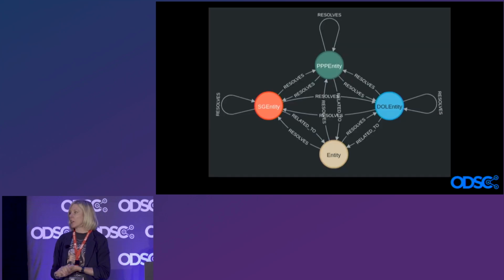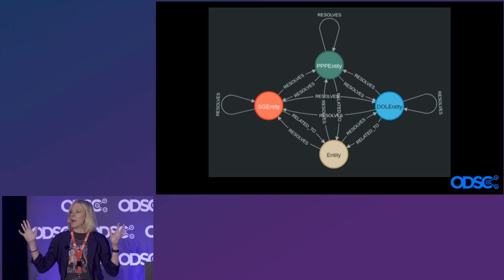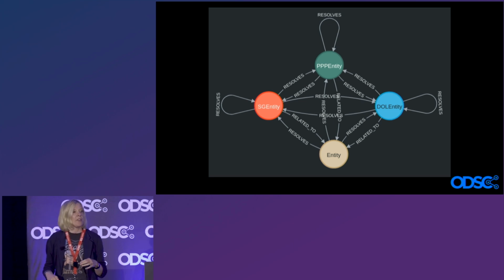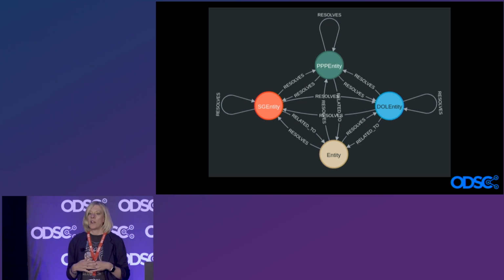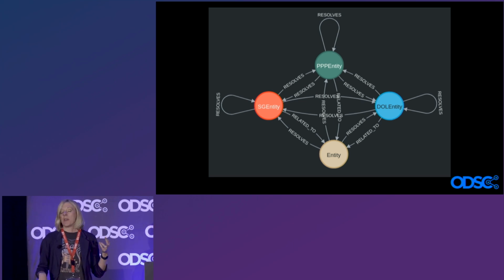Well, we're going to create a graph, okay? So we're going to take that Sensing data, and we're going to dump it into Neo4j. Now, this is something that I did that's a little different than maybe other content out there. I kept the original data, so I've got my SafeGraph entities, so that's every row in SafeGraph I consider an entity. I've got PPP entities and DOL entities, same thing.